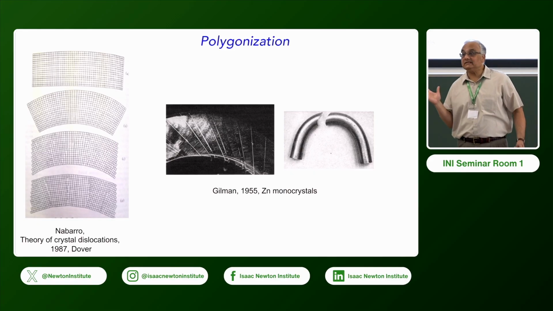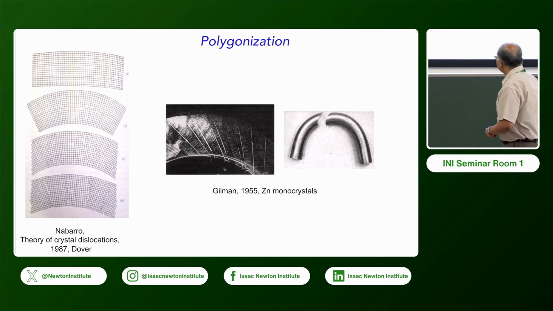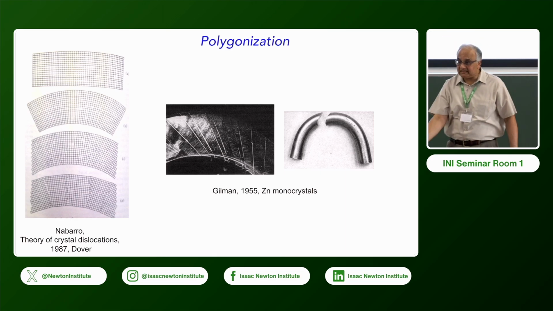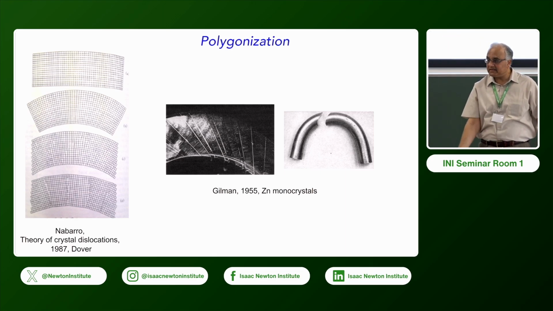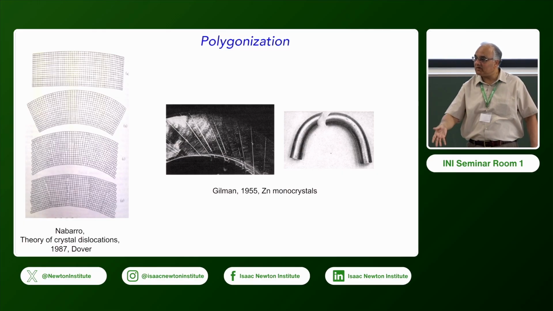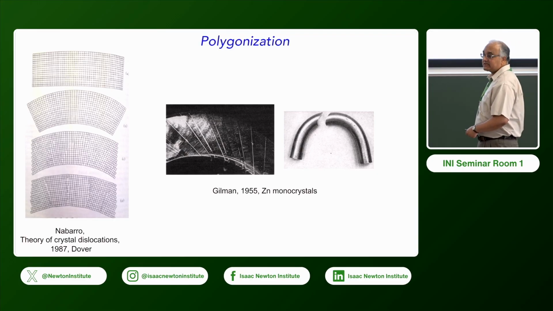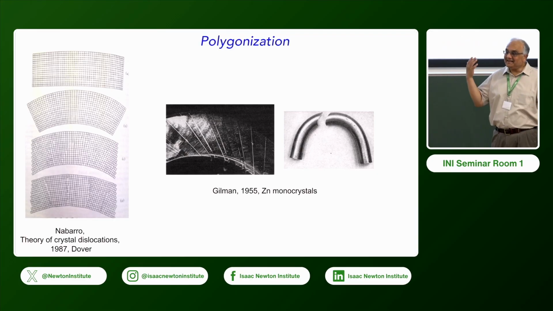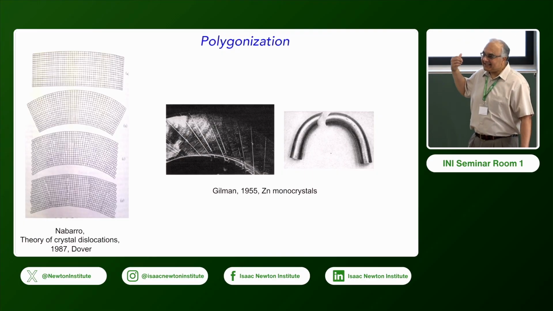One way of doing it with zero stress is to put piecewise rotations in there, separated by dislocation walls. These would be a high angle boundary or a low angle grain boundary, depending upon how much you're putting in. And this would make it zero stress. And this is observed. This is still a challenging problem.